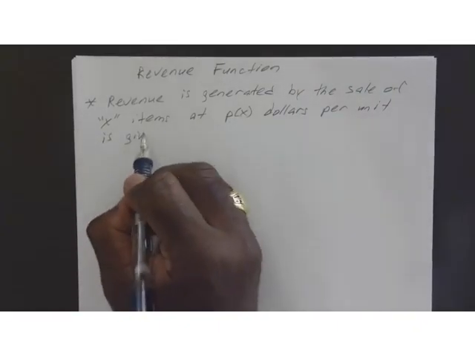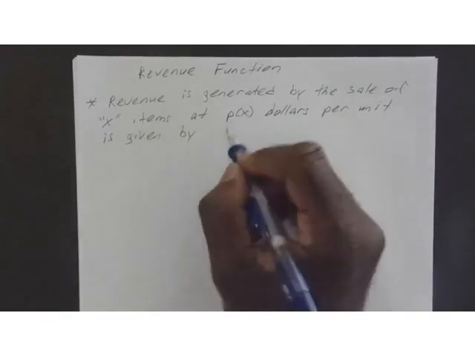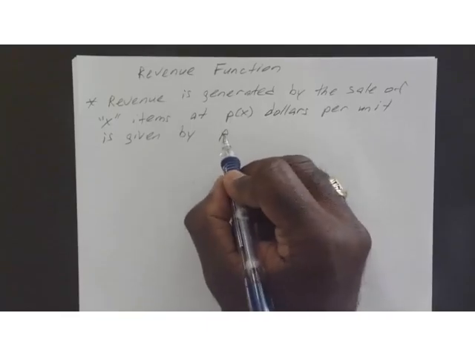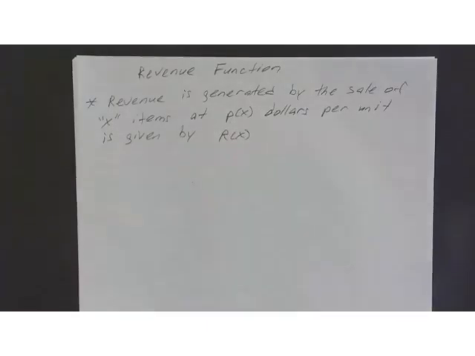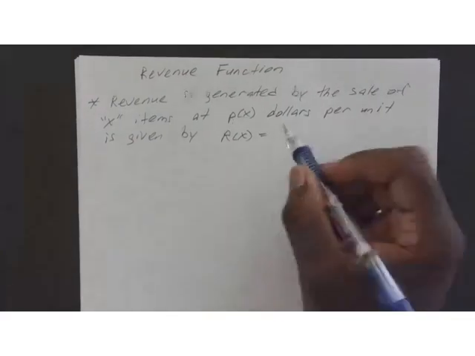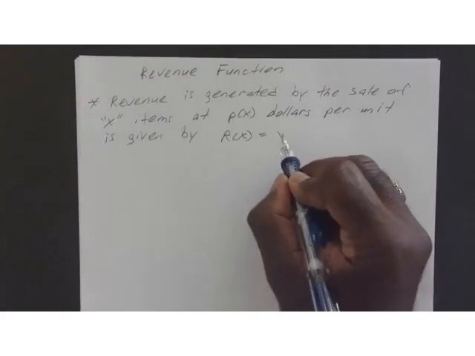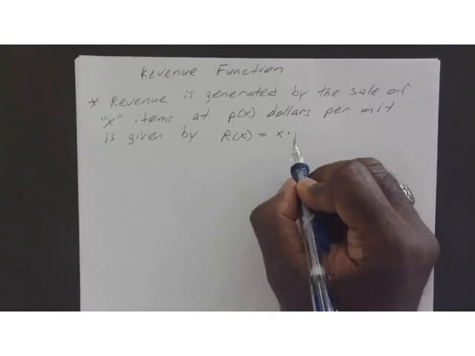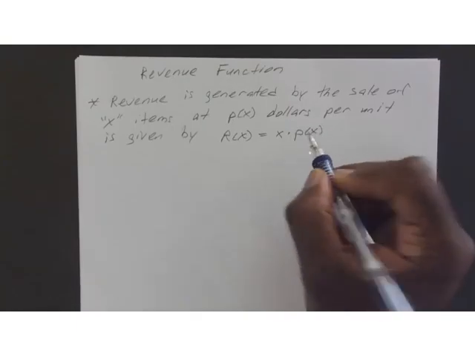And that is given by our revenue function R of x is equal to the number of items sold times the price of each item.